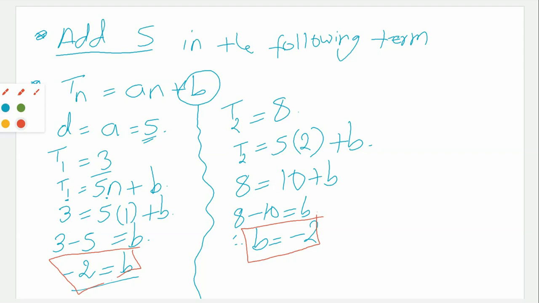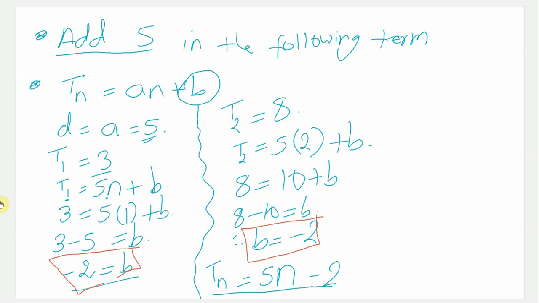Okay, so that means that my Tn is equal to what? 5n, because 5 is my constant difference, minus 2. Okay, so that is the answer for this question.